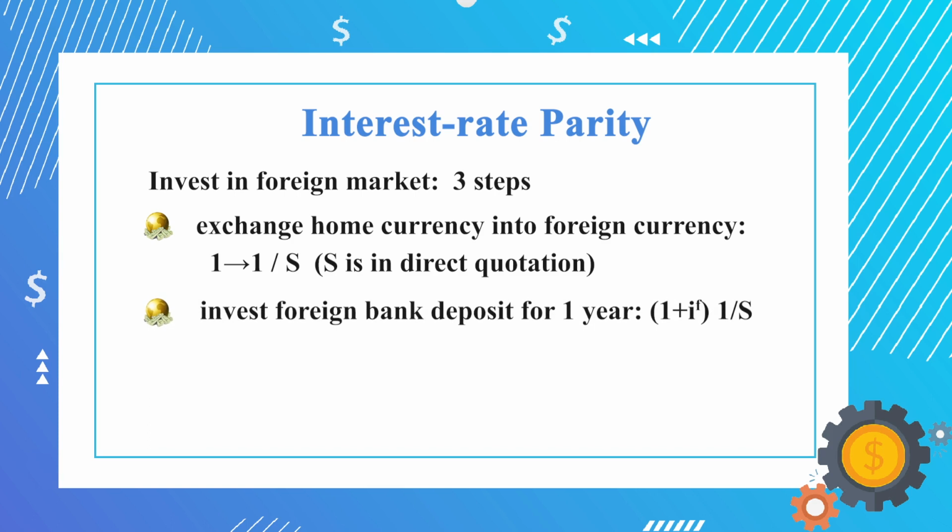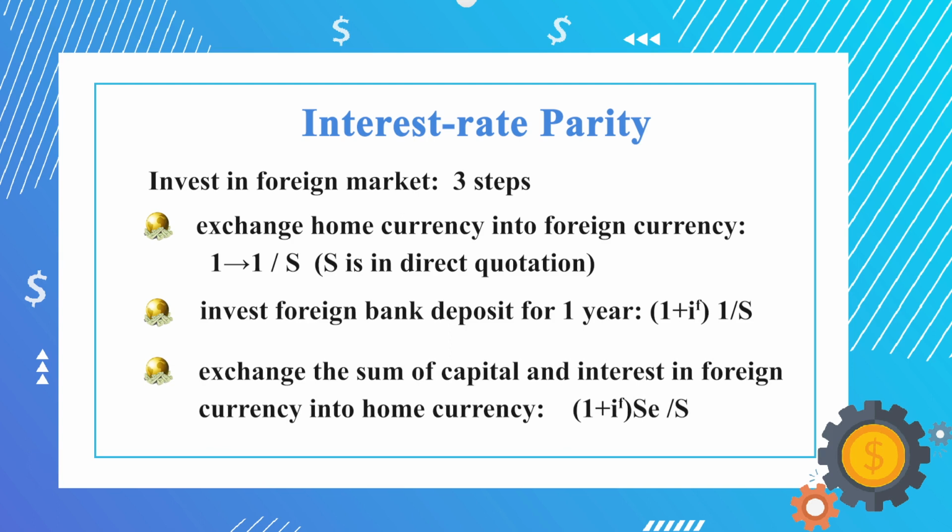The second step is to invest in a foreign bank deposit for 1 year. Then 1 year later, gain 1 plus I_F units of foreign currency. The third step is to exchange the sum of capital and interest in foreign currency back into home currency.